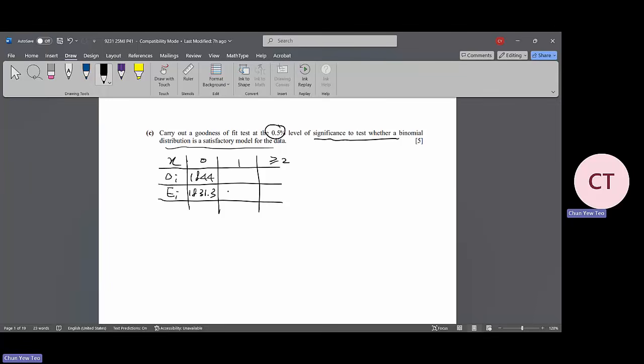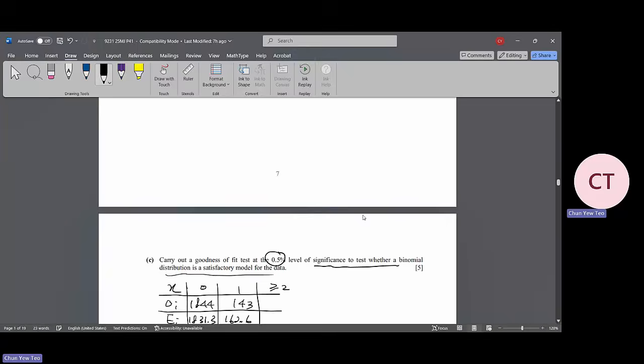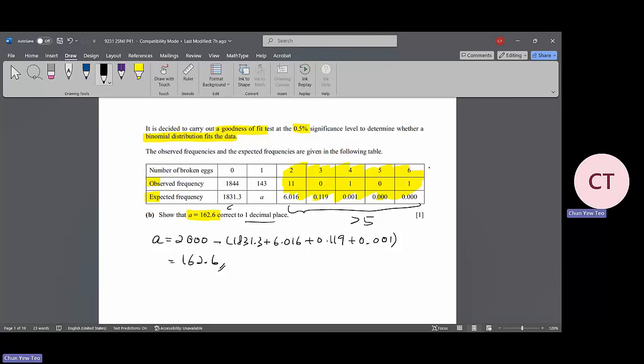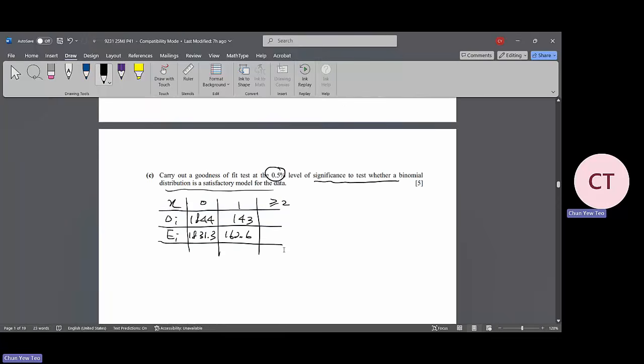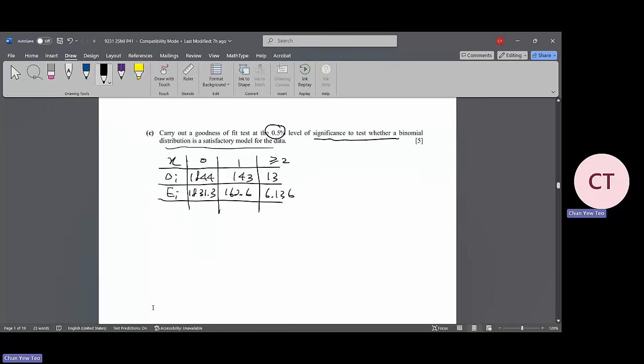Then A just now is 162.6, and this one is 143. The last column, if you total up everything, you get 13 and 6.136. Okay, so this is the table that we need.